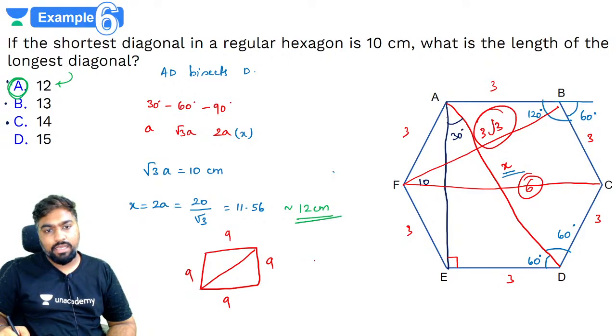Yes, क्योंकि अपने को क्या करना है, c square is equal to a square plus b square. इसको मिनिमम रखना है.